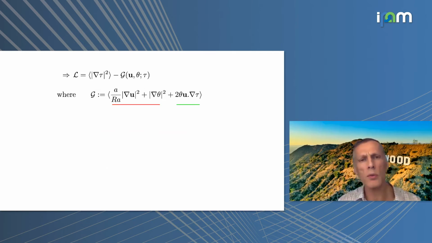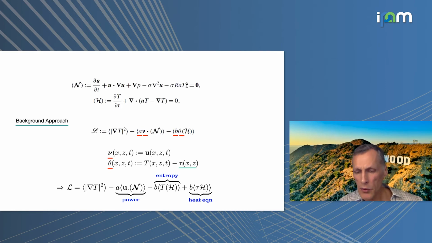And this is the crucial realization of the background approach, that I can split the dependence in the Lagrangian between tau, which is this positive definite quantity here, and the quantities I don't know anything about, the velocity field and the temperature field over on the right-hand side in this g function. Now, something I haven't emphasized so far is I have choice as to how I choose tau. All it has to do is satisfy the boundary conditions, but otherwise, I'm allowed to choose tau as I like, because I also don't know what T is.